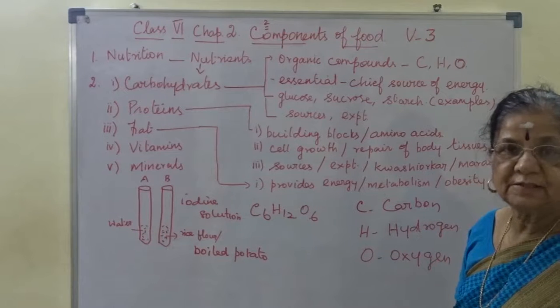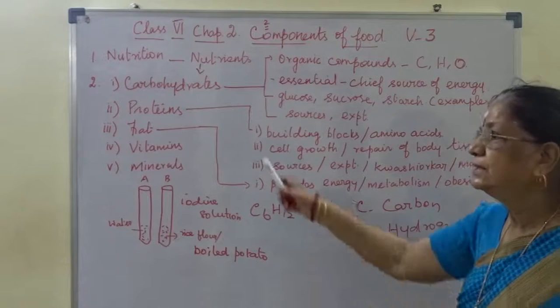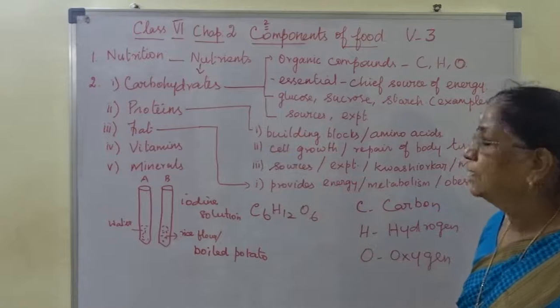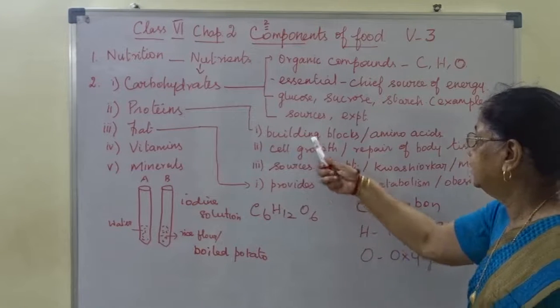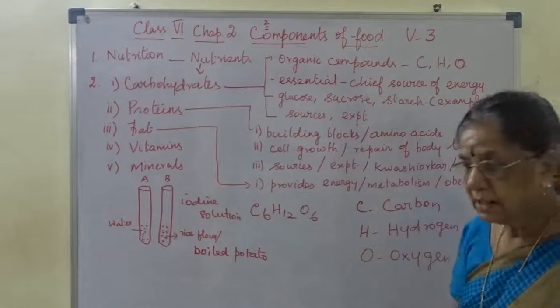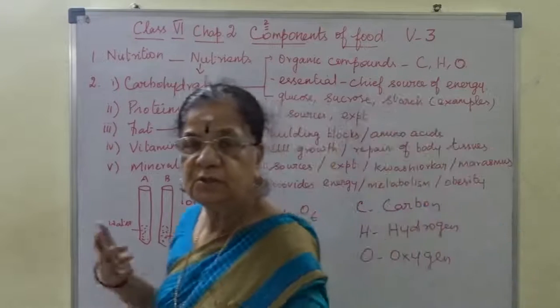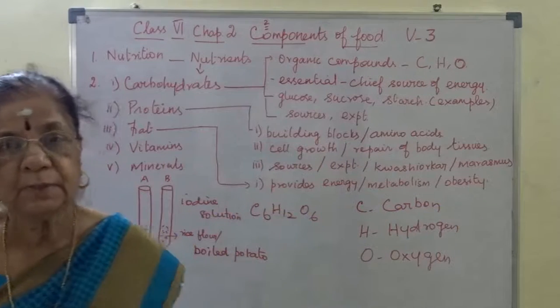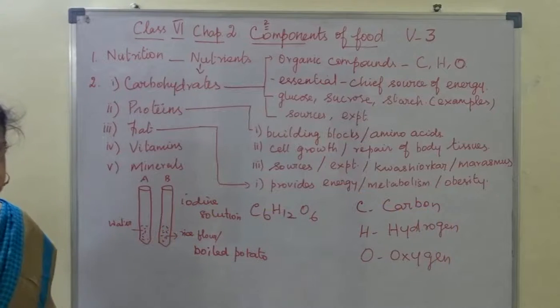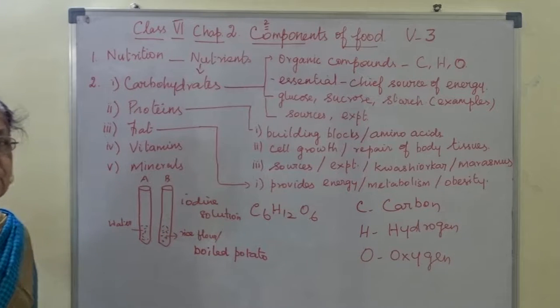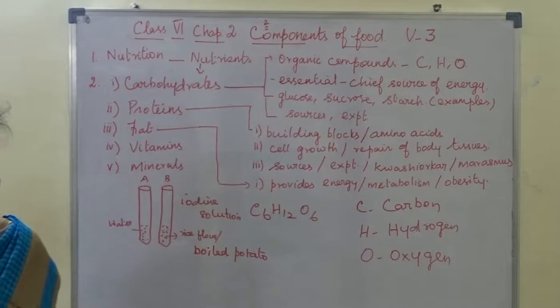I hope you understand. Then the next one is protein. Proteins are essential. Proteins are the building blocks. நமக்கு எனர்ஜி வேணும்னா கார்போஹைட்ரேட்டோட கண்டிப்பா புரோட்டீன் இருக்கணும். Proteins are the building blocks and are formed of amino acids, a chemical substance.